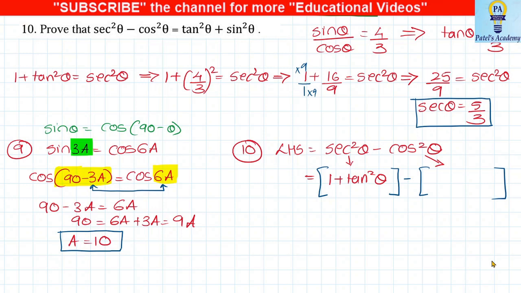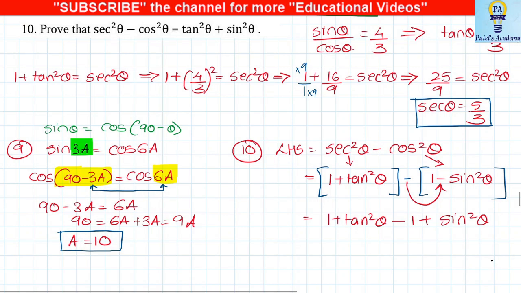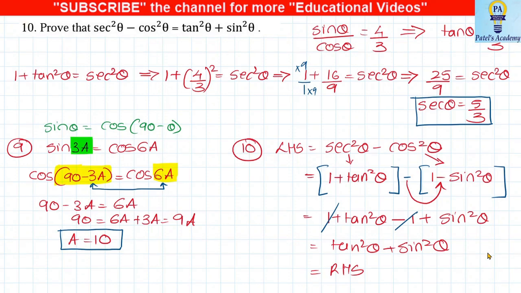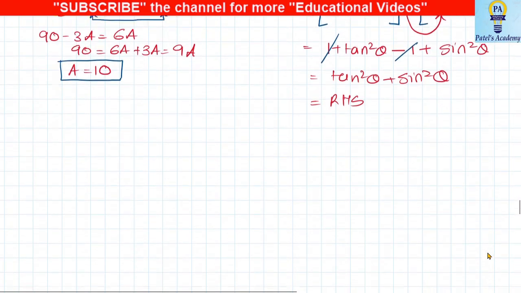Cos square theta is nothing but 1 minus sin square theta. We are using identities both times. When I open the bracket, what I'll get is 1 plus tan square theta minus 1, and due to the minus sign, this sign will change, plus sin square theta. What we see is plus 1 minus 1 cancel. What we get is tan square theta plus sin square theta, that is equal to RHS. With this we finish the 10th sum also.